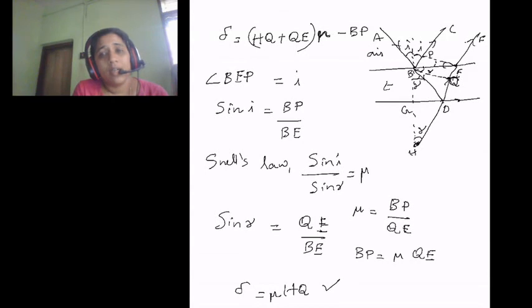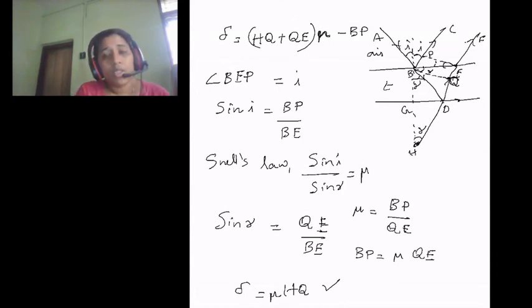Then sin r is calculated from the triangle BQE, and that angle QBE is equal to r, similar to the earlier said procedure. Therefore sin r is equal to QE by BE, opposite by hypotenuse.